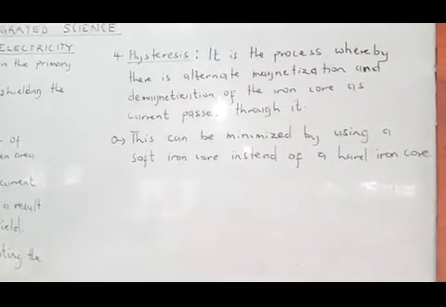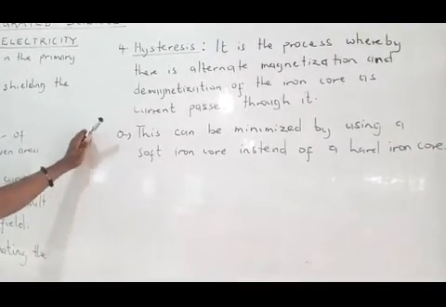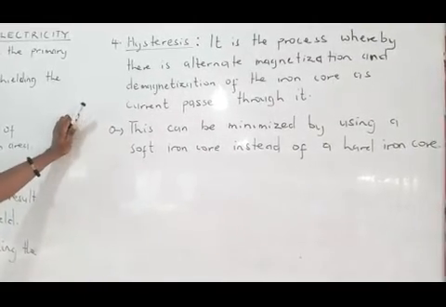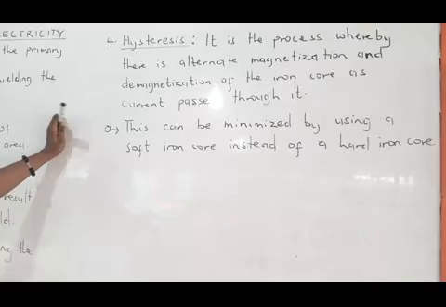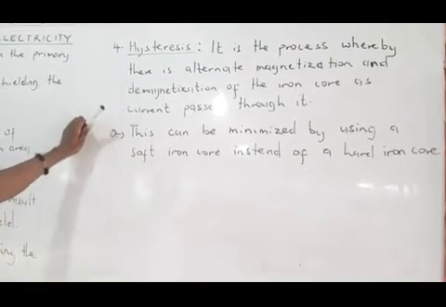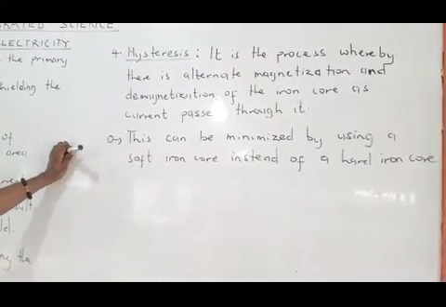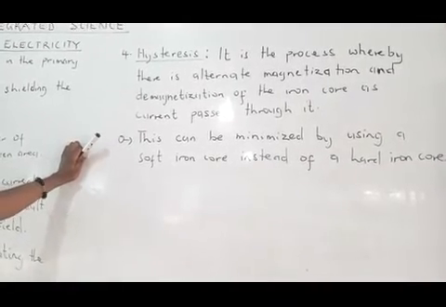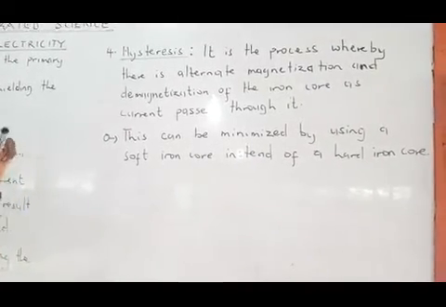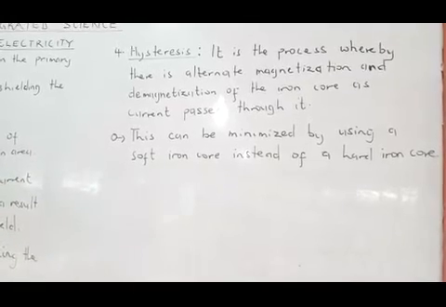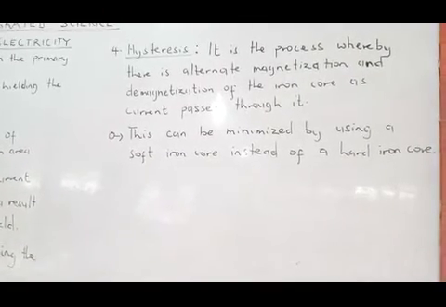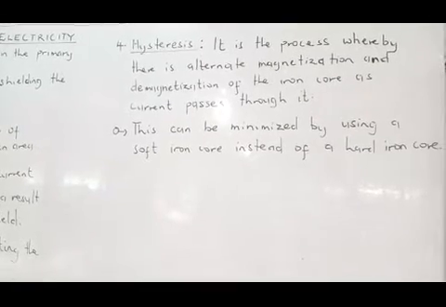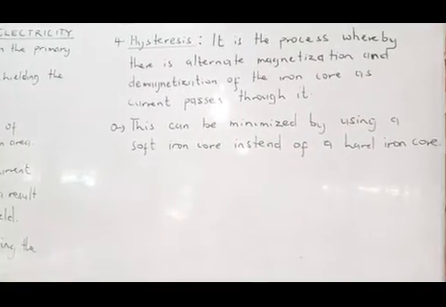So this depends on whether the iron core is soft or hard. If the iron core is soft, then the process of hysteresis will be lowered to the barest minimum. So the rate at which the iron core becomes magnetized and demagnetized will be reduced, and that will lead to a reduction in the energy that will be lost in the iron core.